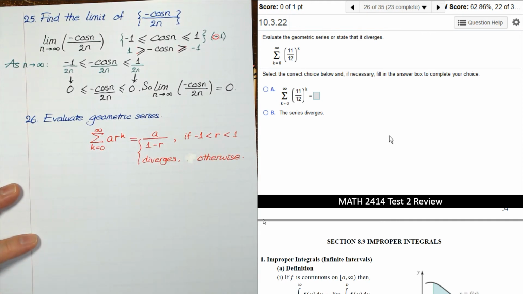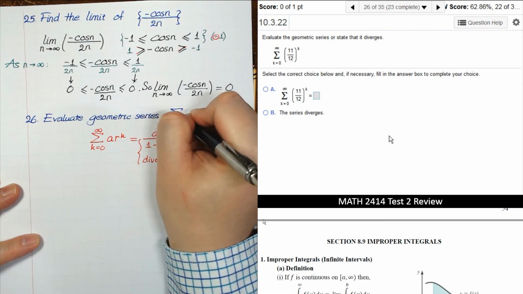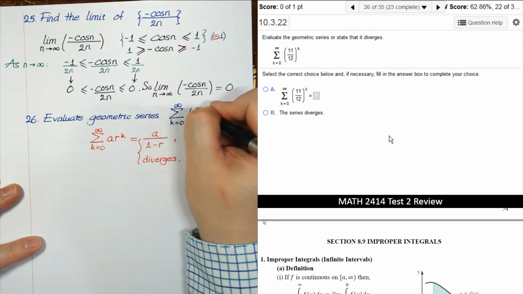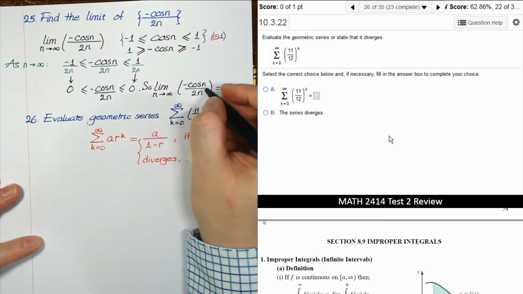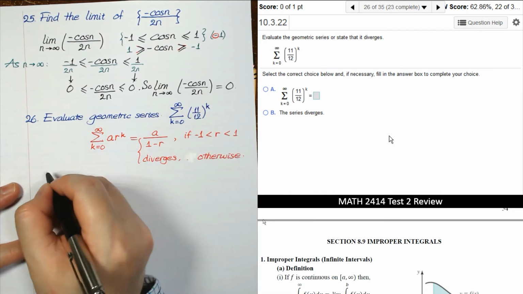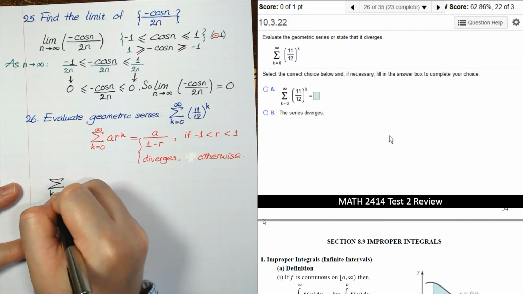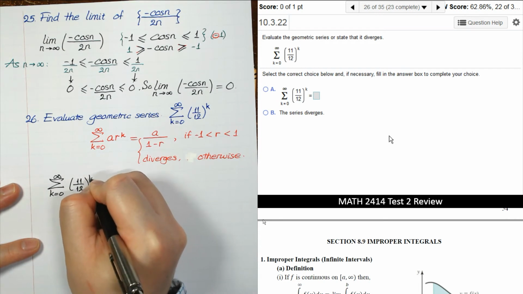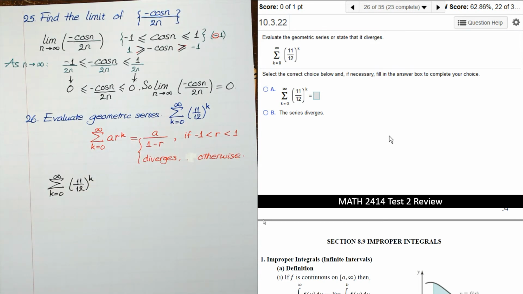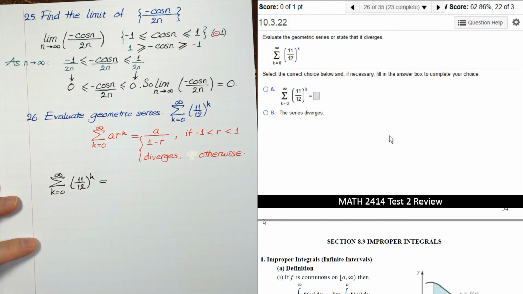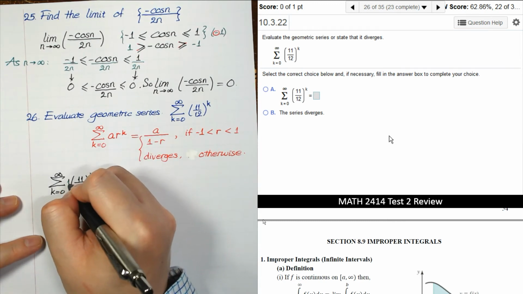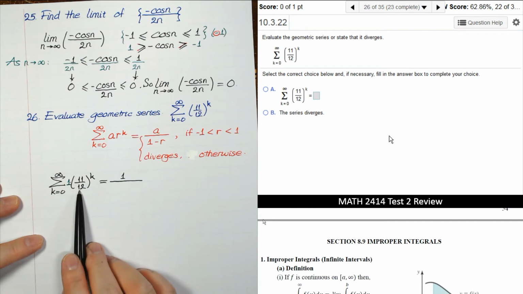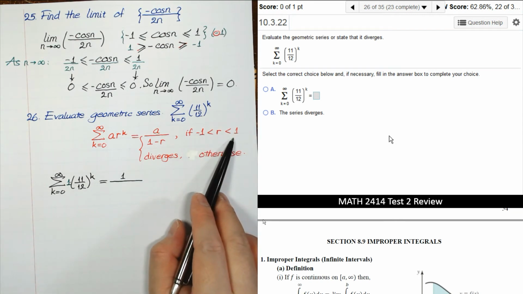So what do we have in our problem? Summation from 0 to infinity of 11 over 12 to the k. The coefficient is just 1, so we have 1, and the ratio 11 over 12 is between negative 1 and 1, so it's good.